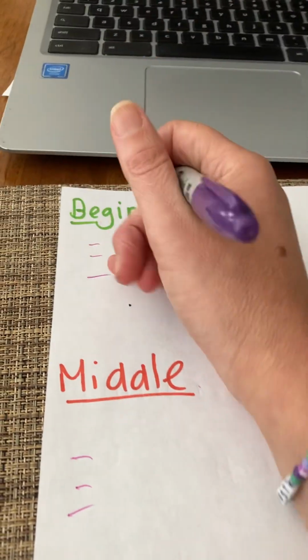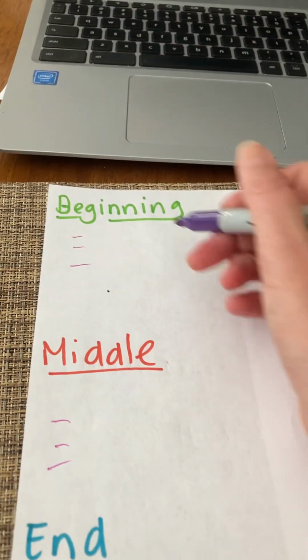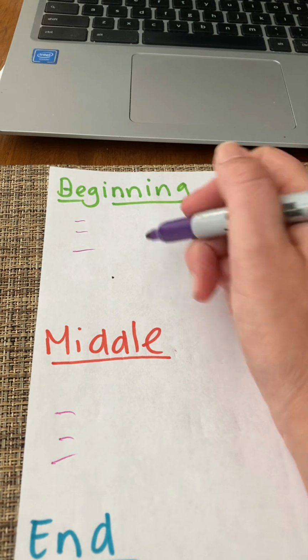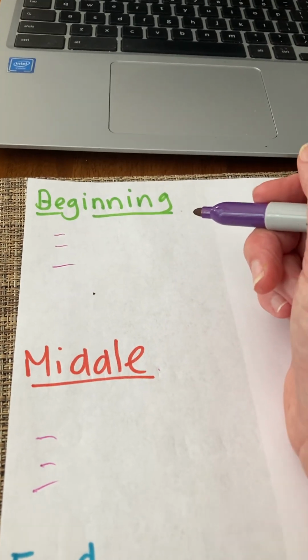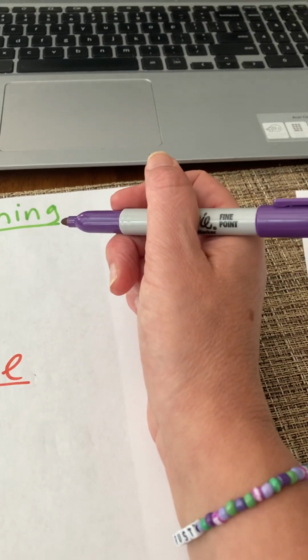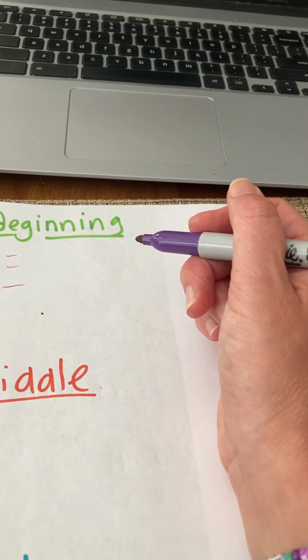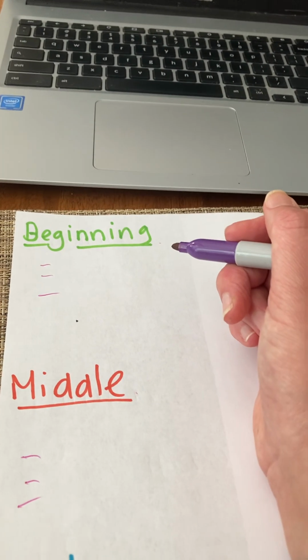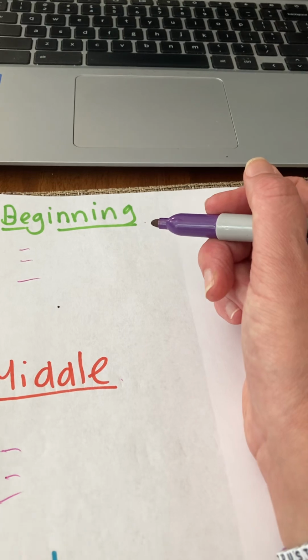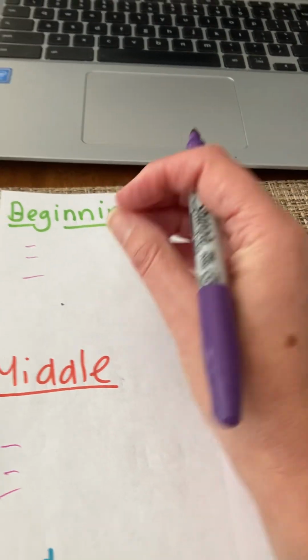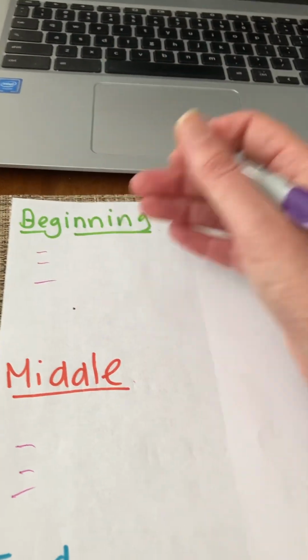Start somewhere exciting, somewhere dramatic, and you don't need to say there was a girl who had red hair and freckles and a smiley face. No, just start telling me what she did.